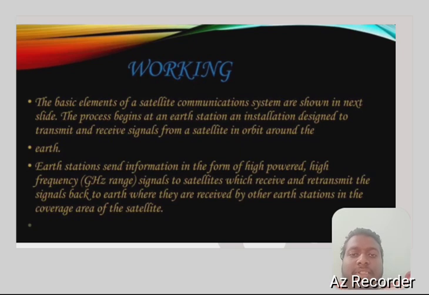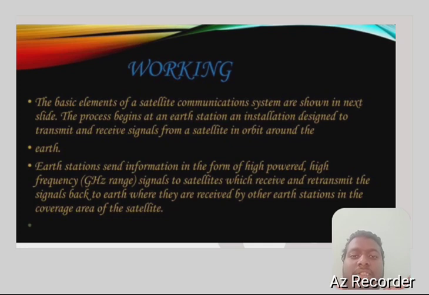The working of the satellite communication. The basic elements of the satellite communication system are shown in the next slide, and the process begins at the earth station, designed to transmit and receive signals from a satellite in orbit around the earth.